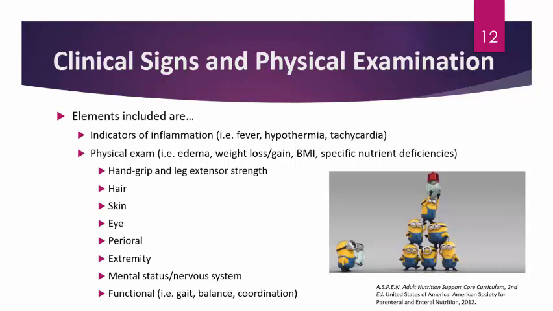Or, for example, say if you see that they have thinning hair or a change of hair color that may be different from when you saw them last. It may not necessarily be an indicator of nutritional deficiency. Maybe they're just getting old and their hair is thinning.